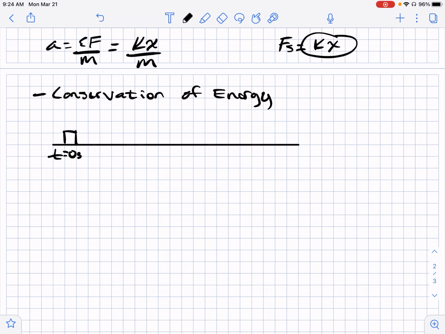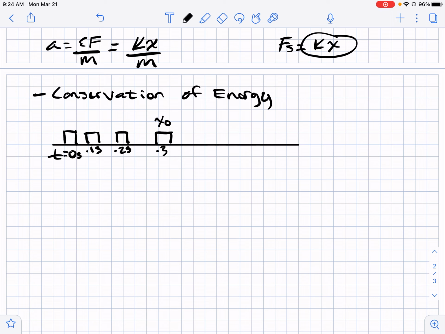And then I let go, and after 0.1 seconds, it's right here. 0.2 seconds, it's right here. And then at 0.3 seconds, I'm at my equilibrium position.